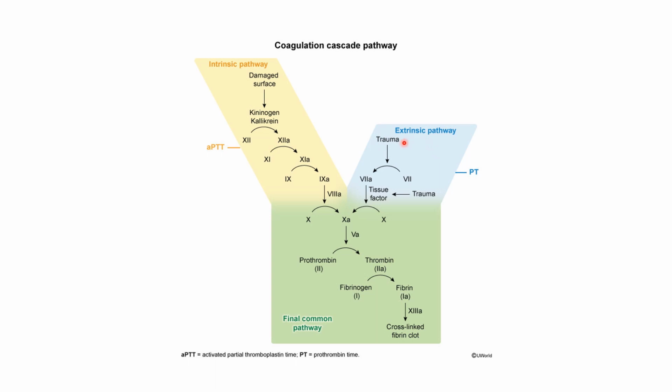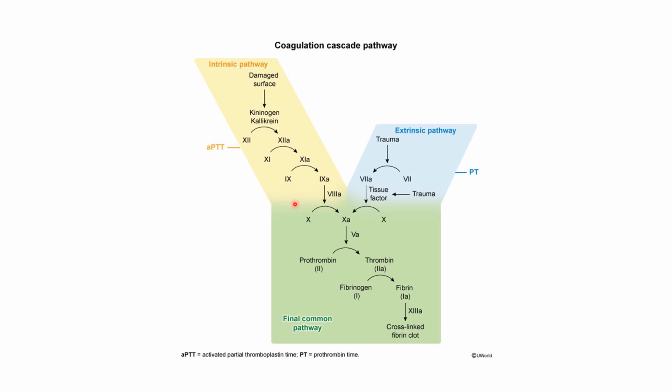This is vague, but what is important about this for this level of talk is the extrinsic pathway is timed with the prothrombin time, or PT, and the intrinsic pathway is timed with the activated partial thromboplastin time, APTT. We can time this clinically with assays.